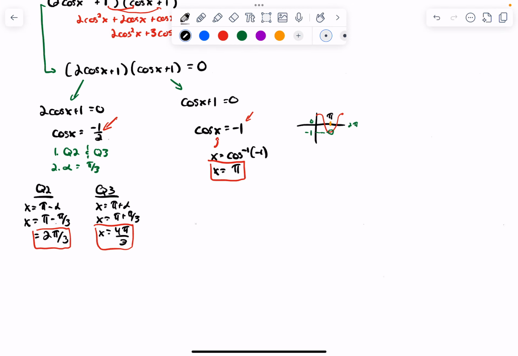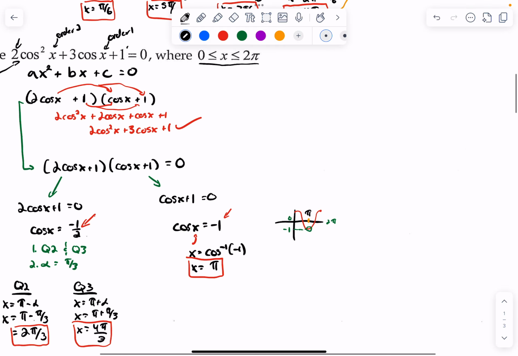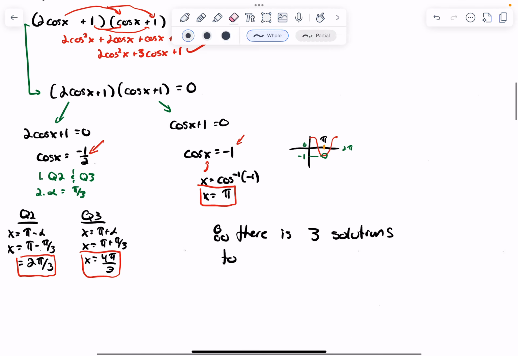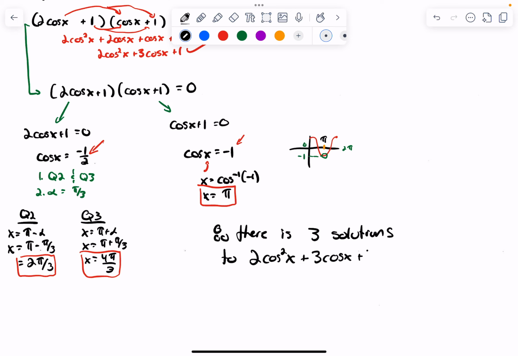So I should have done this above, but what you've just found, if you want to write a therefore statement, is: therefore there are 3 solutions to 2 cos squared x plus 3 cos x plus 1.